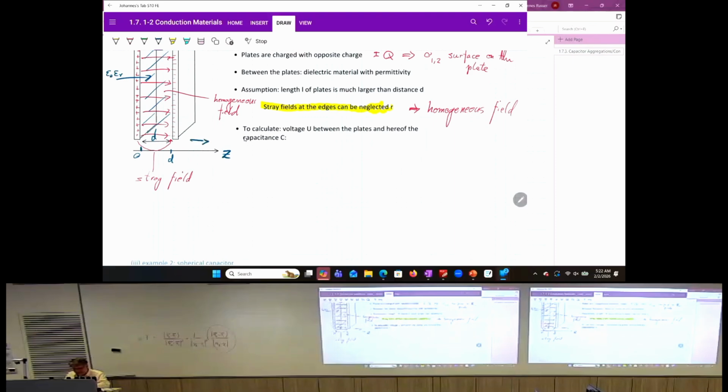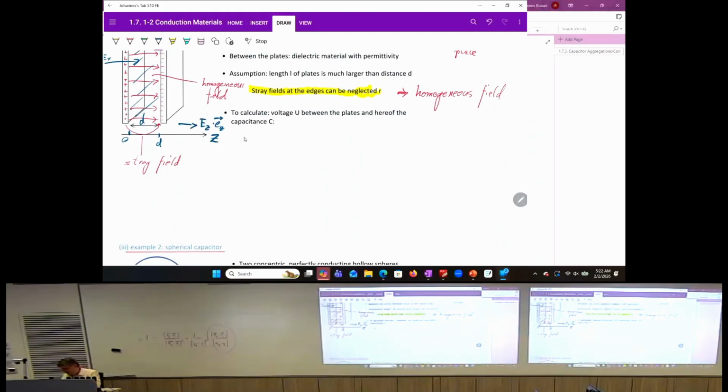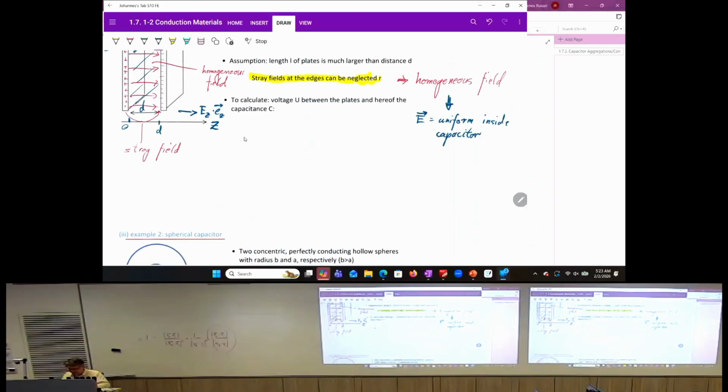So the electric field here is oriented in z direction. That homogeneous field means basically that the E field is uniform inside the capacitor. And we now want to calculate the relation between the voltage U and the charge that is put on the plates.